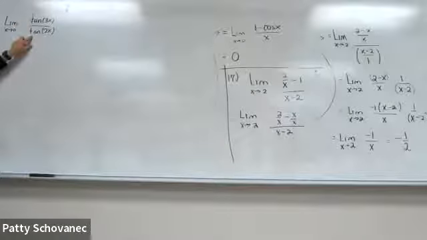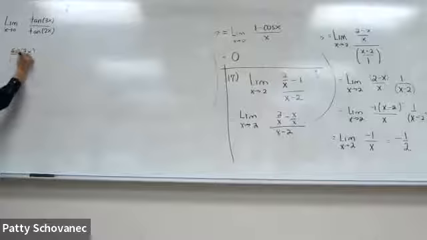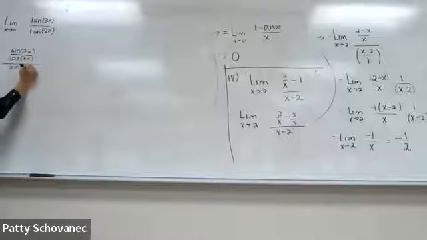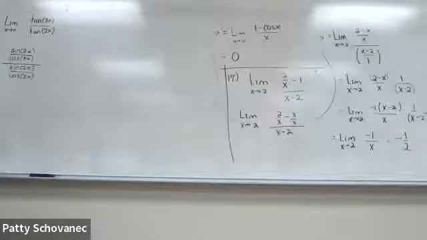Do the same here, sine of 2x over the cosine of 2x. If you want to unstack your fraction, we can do the flip and multiply step now.